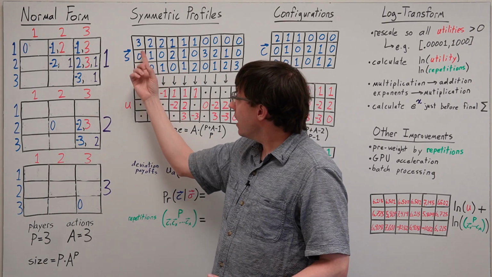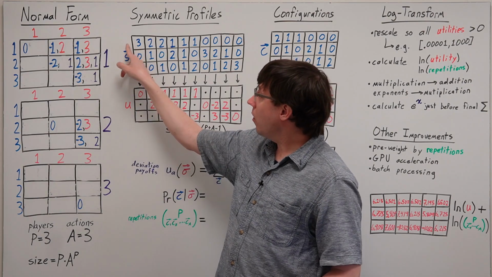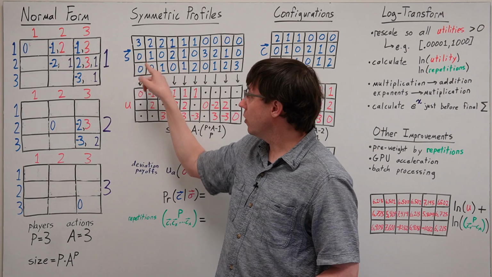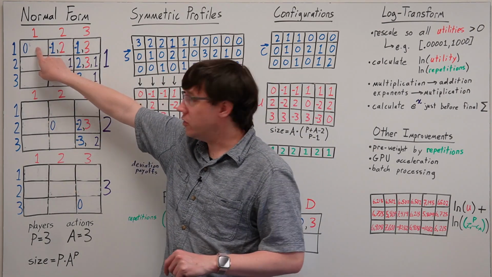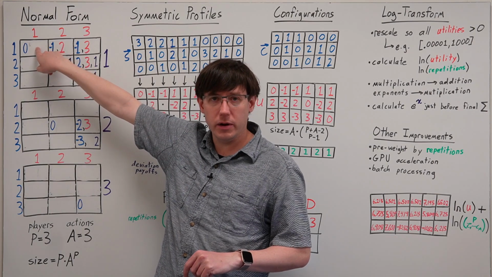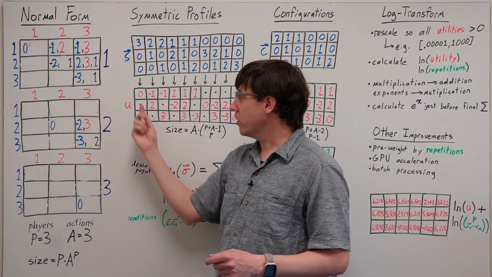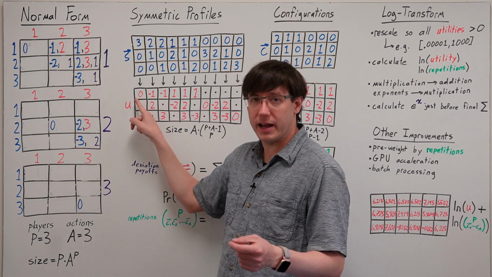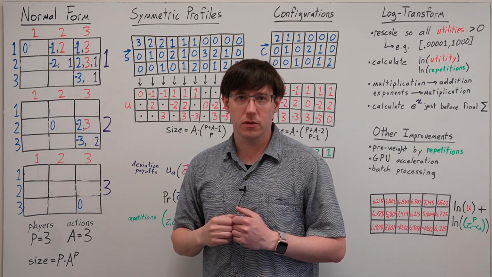So here we have a representation of a profile where all 3 players are choosing the first action and 0 players are choosing each of the others. That corresponds to this entry in the payoff matrix, and for that profile we can map it to the corresponding payoffs. Everybody who's playing the first action gets 0, and nobody's playing either of the other actions.